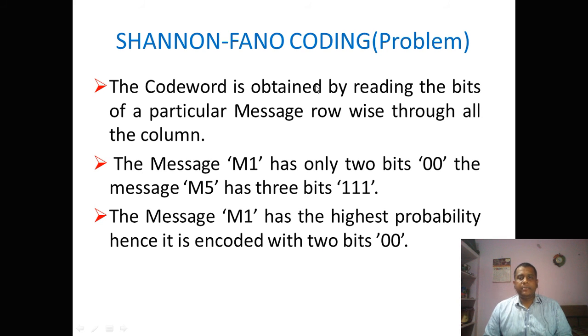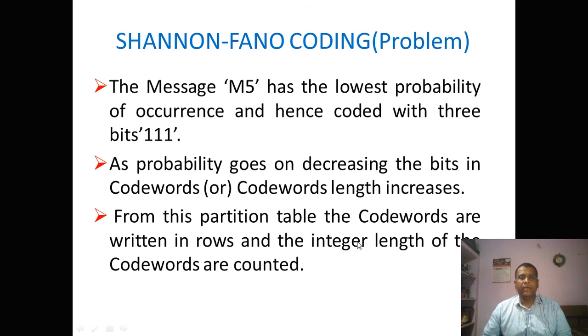The code word is obtained by reading the bits of a particular message row wise through all the columns. The message M1 has only 2 bits, 0 0, and the message M5 has 3 bits, 1 1 1. The message M1 has the highest probability, hence it is encoded with 2 bits, whereas the message M5 has the lowest probability of occurrence and hence is encoded with 3 bits, 1 1 1.